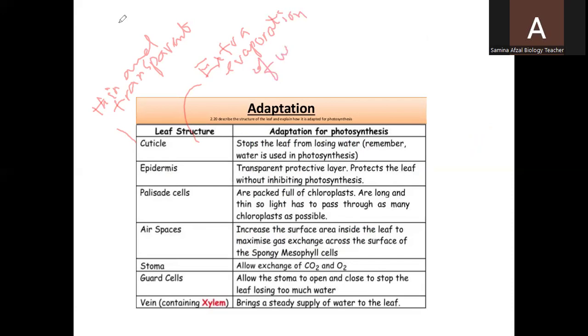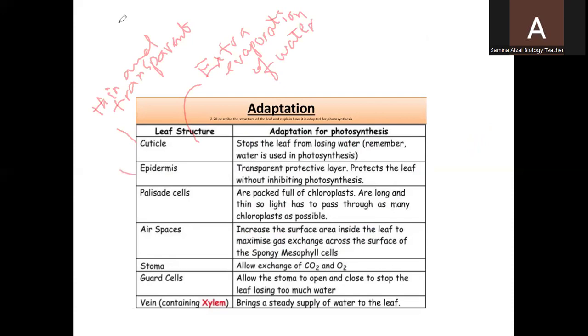And below this cuticle, on both sides, epidermis is there. The epidermis acts as a protective layer. It is also transparent, and it protects the other parts of the cells, but it does not affect the process of photosynthesis.